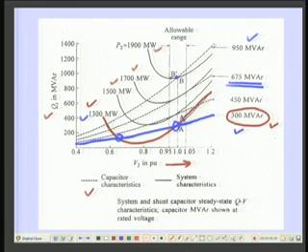Therefore, the point we want to highlight is that by injecting a certain amount of reactive power, we can operate the system at a stable operating point. However, if this reactive power source is of large capacity, we will not be in a position to operate at a stable operating condition.